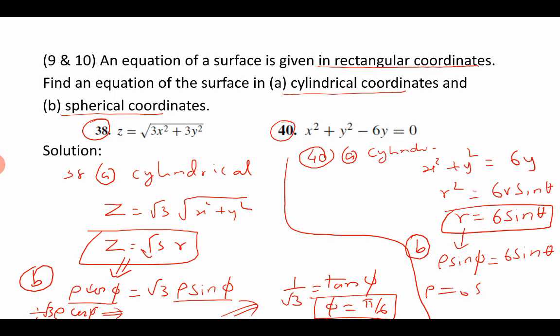So rho is 6 sine theta times 1 over sine phi, and you know 1 over sine phi is cosecant phi. That's the end. The answer is 6 sine theta cosecant phi. Now everything is in rho, theta, phi, so we are in the spherical coordinate system. That's the end of this problem.